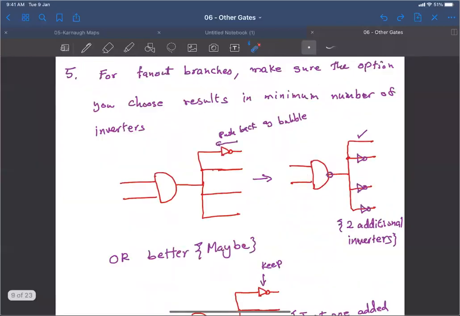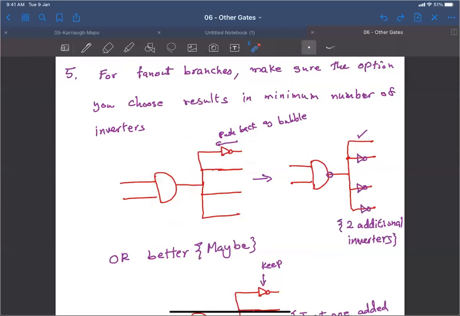Finally, we have to worry about fan-out branches, because you will have to make a choice here, to choose the option that results in the minimum number of inverters. So for example, if you have this circuit here and you would like to change this into a NAND gate, then you have two options.